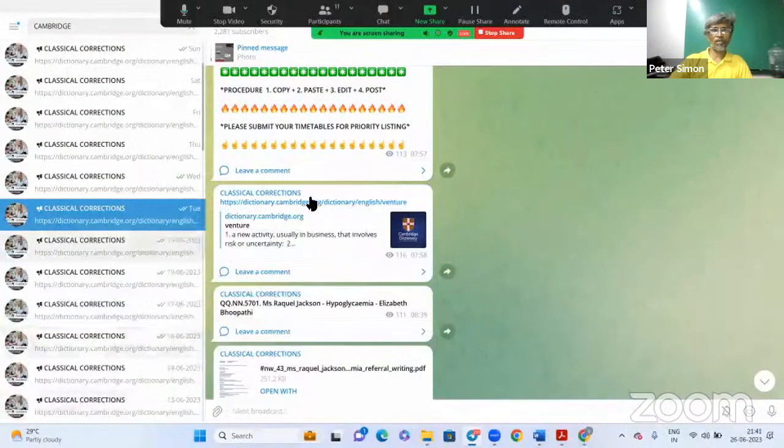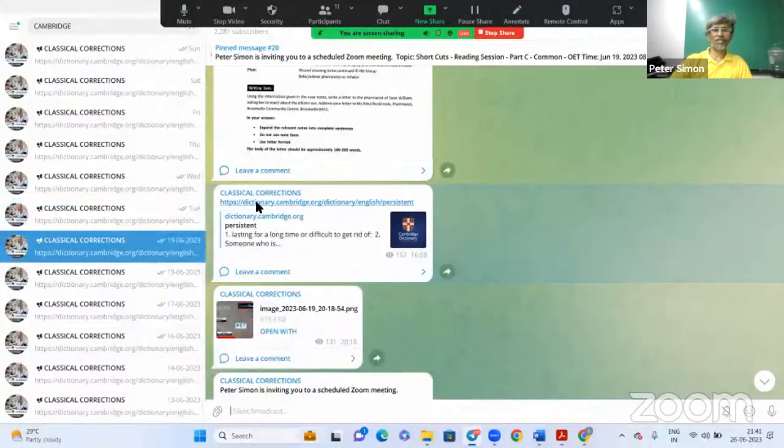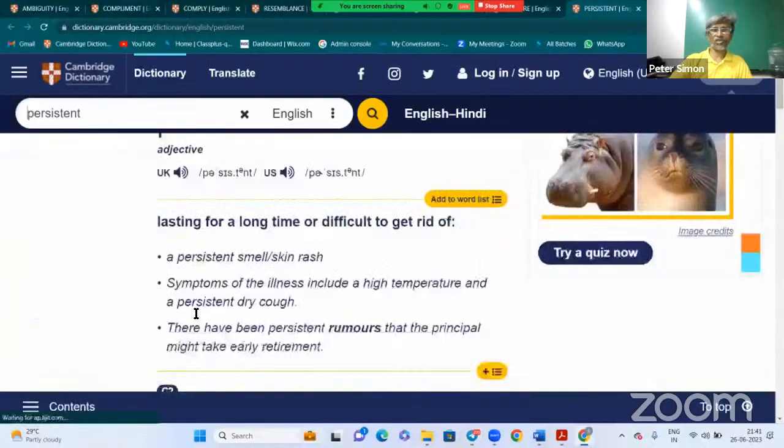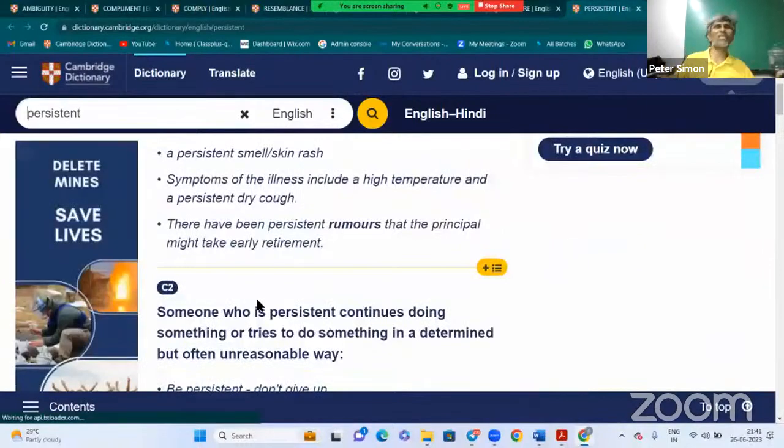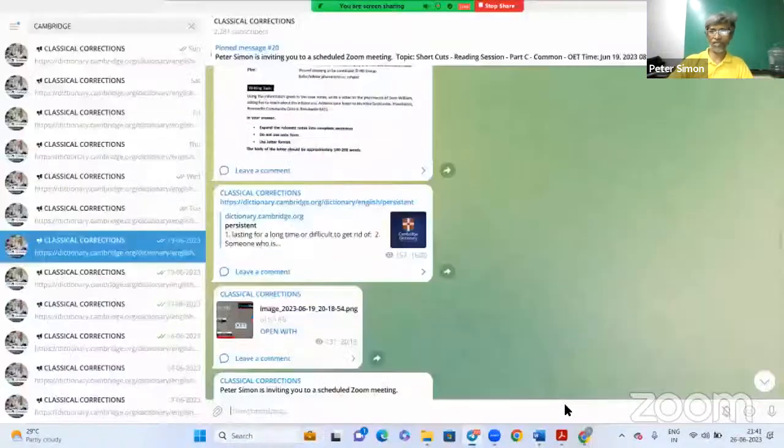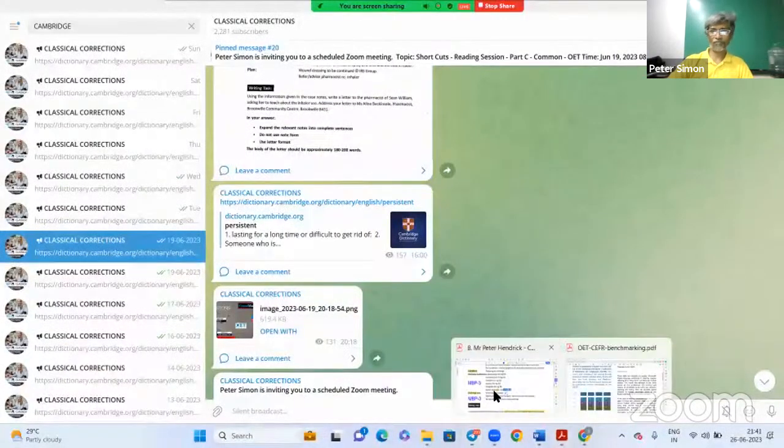Then the next word is persistent, lasting long. It is C2 vocabulary. Persist. If chest pain persists, in case of persistent chest pain, now we have a word here related to our present letter. Let us see here.